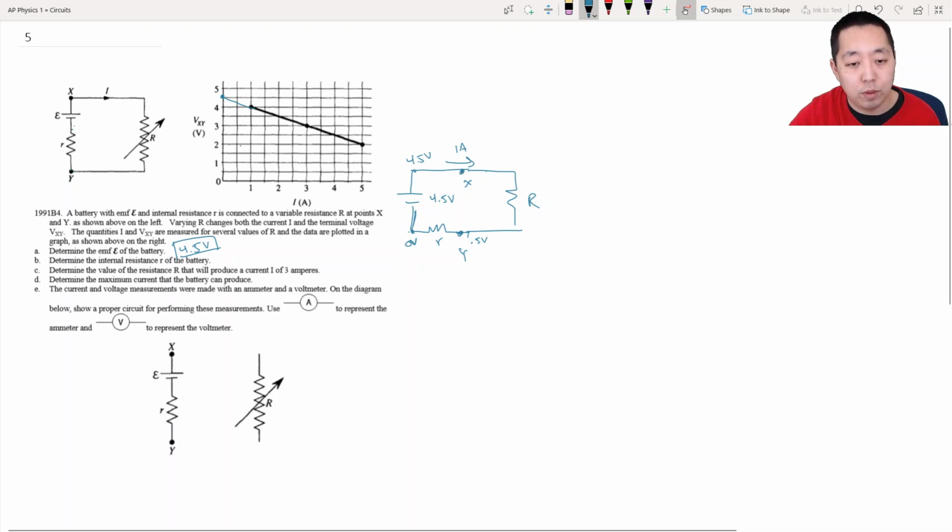So this is 4.5, this is 0.5. If this is 1 amp at 0.5 volts across this resistor, V equals IR, then R is equal to V over I. What's the voltage across this resistance? It's 0.5 volts. What's the current? It's 1 amp. So this is 0.5 ohms.